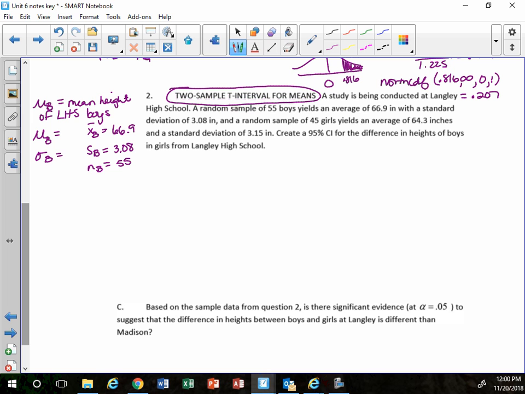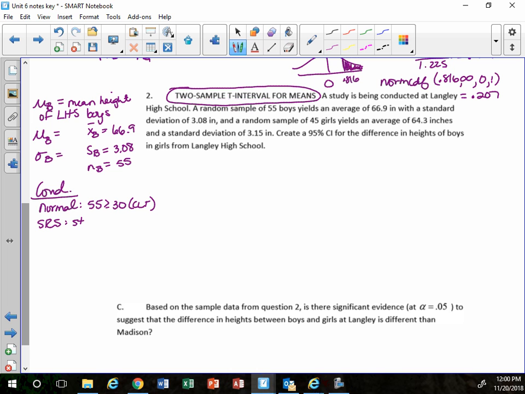Conditions, okay? All right, conditions. Normality, how are we going to check that? What is our sample size? 55 is definitely greater than or equal to 30, right? That's that central limit theorem there. Let's see, was it a simple random sample?